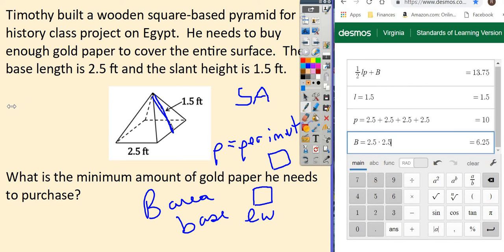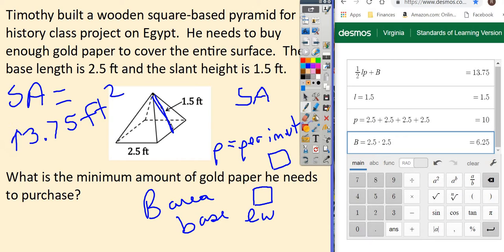So with all that being said, the surface area, or the amount of gold paper needed to wrap that square base pyramid, is going to be 13.75 feet squared. Okay, I didn't do a very good job drawing my number there, but that is a 13.75.